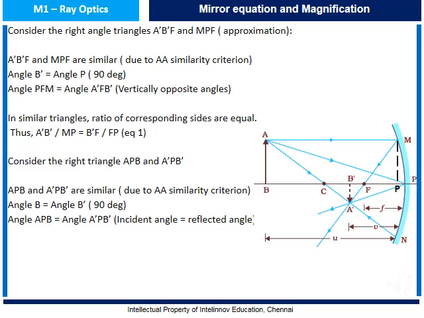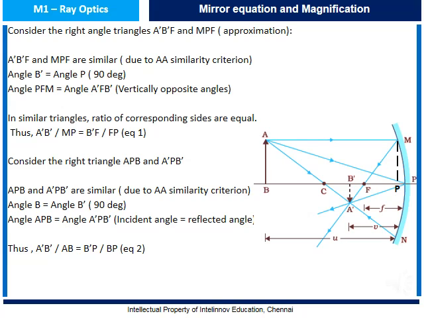Thus A dash B dash by AB is equal to B dash P by BP. Let us designate this as equation 2.